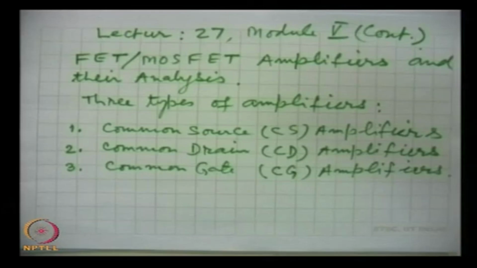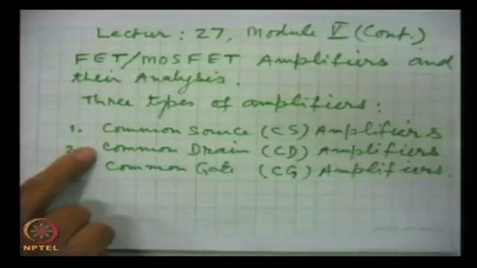Now, out of these 3, the common source amplifier in junction field effect transistors or in MOSFETs is the most widely used. This is like the common emitter circuit for BJT.